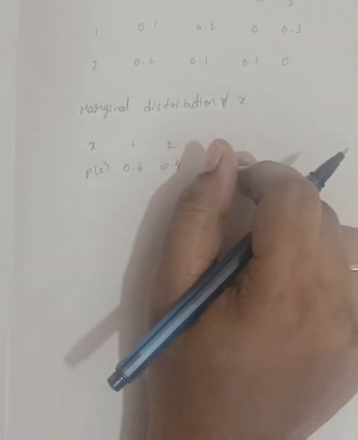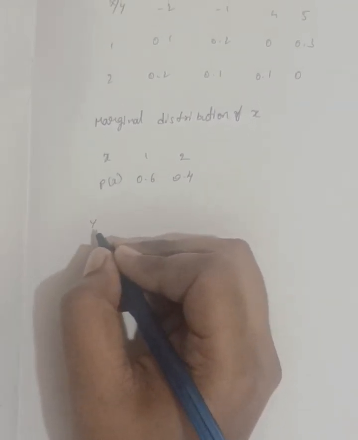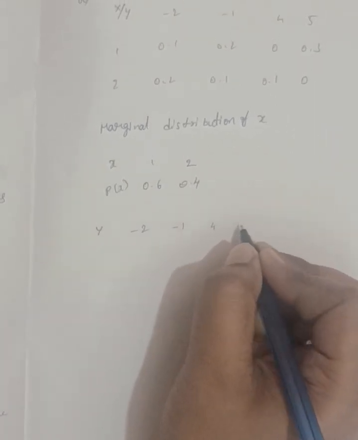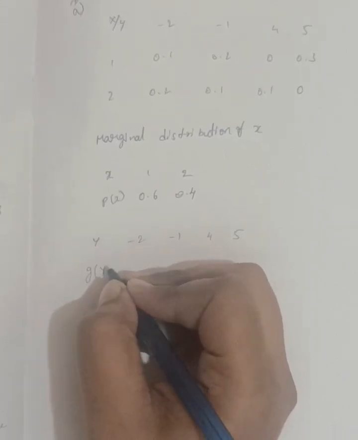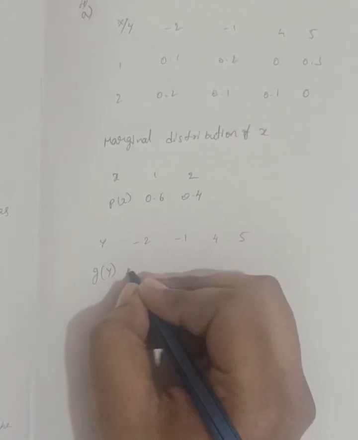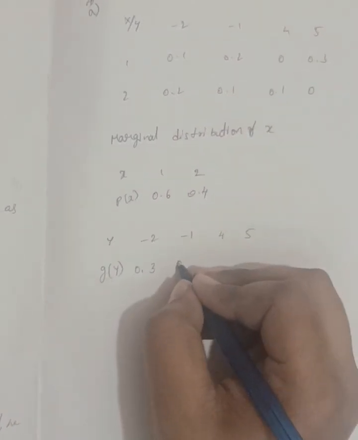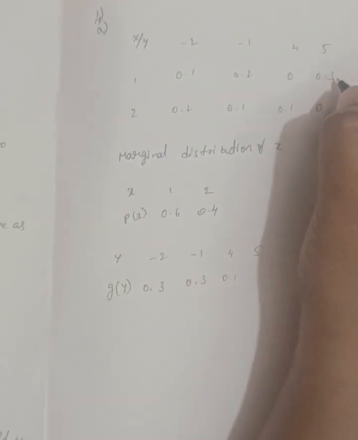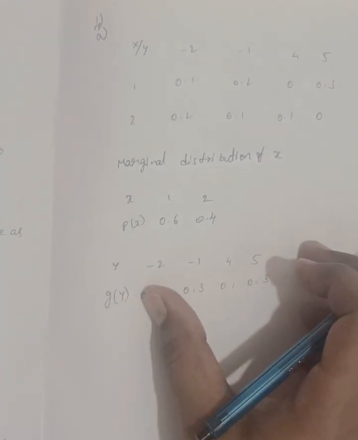This is for X. Next for Y, with values -2, -1, 4, 5, taken as g: 0.1 plus 0.2 is 0.3, 0.2 plus 0.1 is 0.3, 0 plus 0.1 is 0.1, 0.3 plus 0 is 0.3. This is the marginal distribution of X and Y.